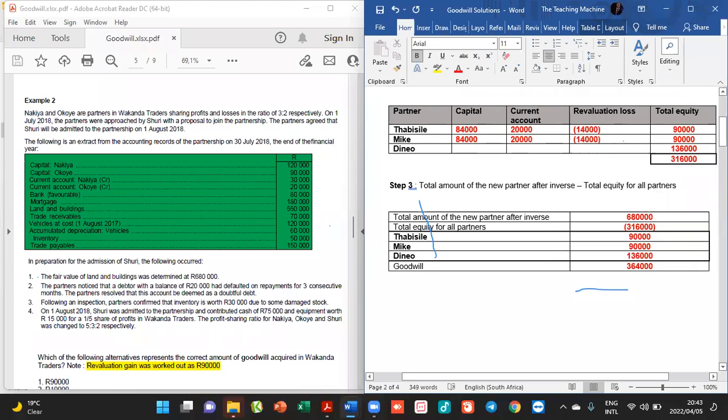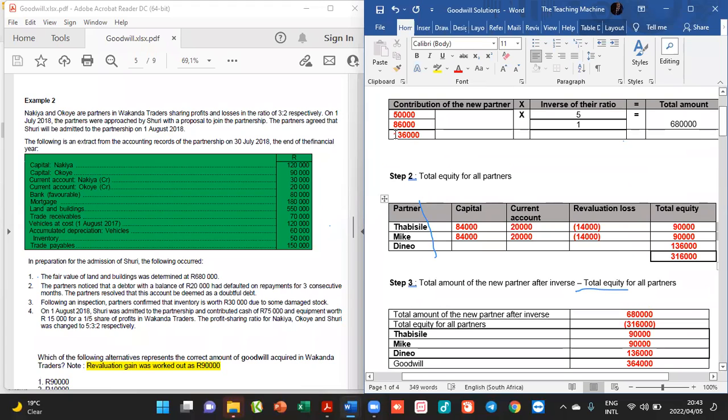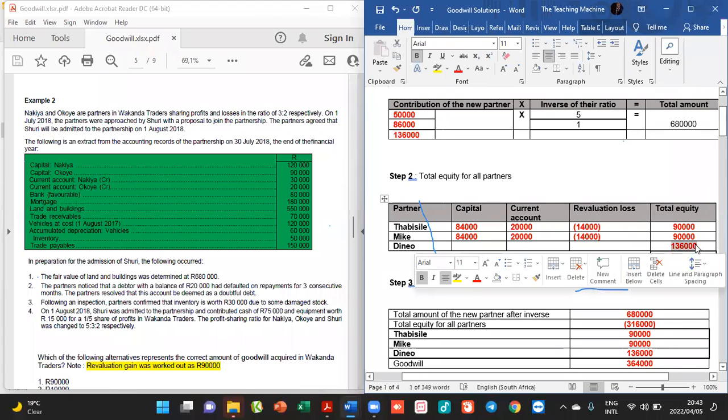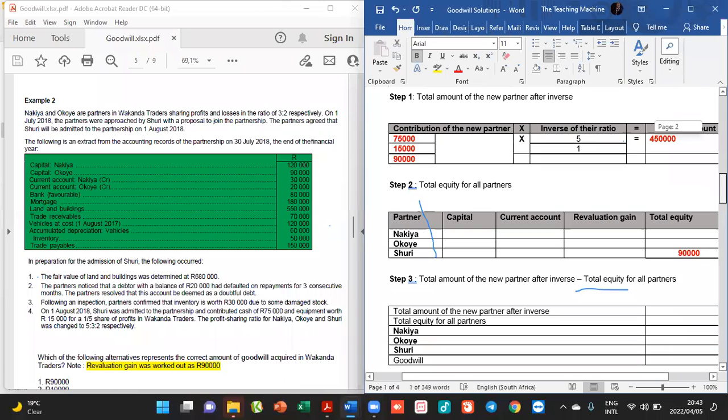Remember, this was the 136 we took from here, and we recorded here. Same applies here, 90,000 will be transferred here since this is Shuri's total equity. What about Nakia? Do we have capital for Nakia? Yes, it's given as 120,000.